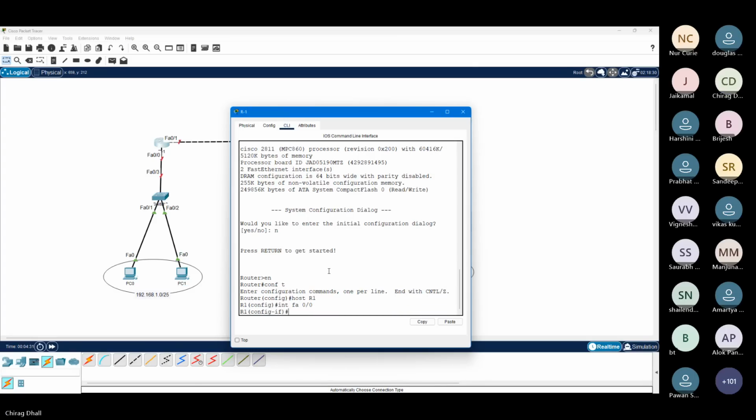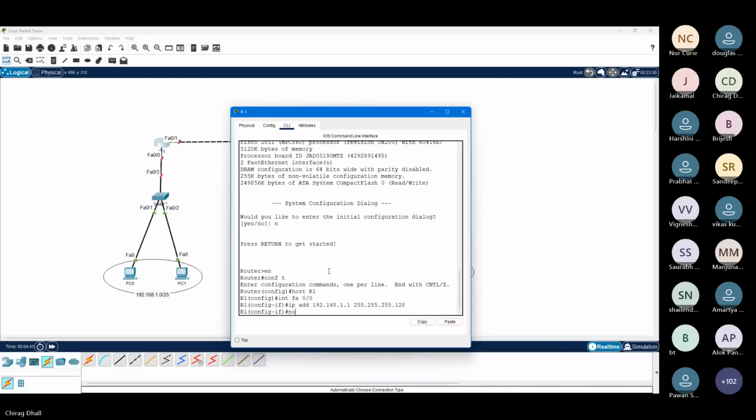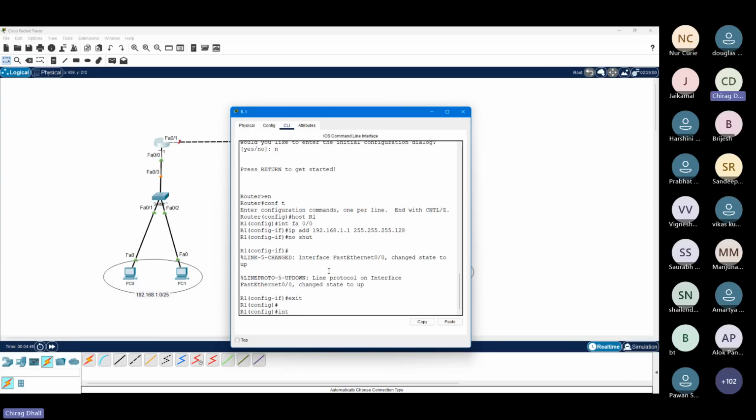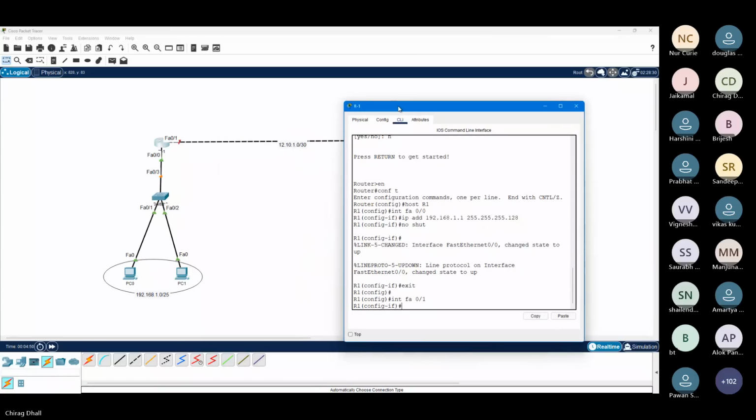FA0/0, IP address 192.168.1.1, 255.255.255.128, no shutdown, exit. Then interface FA0/1, IP address 12.10.1.1.